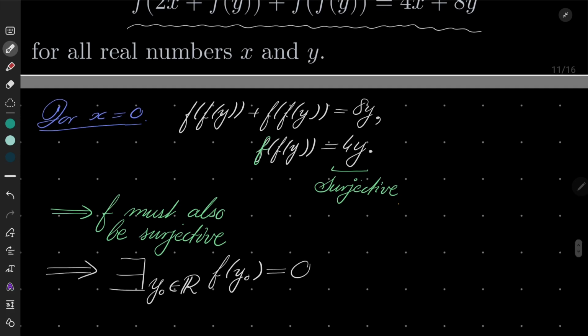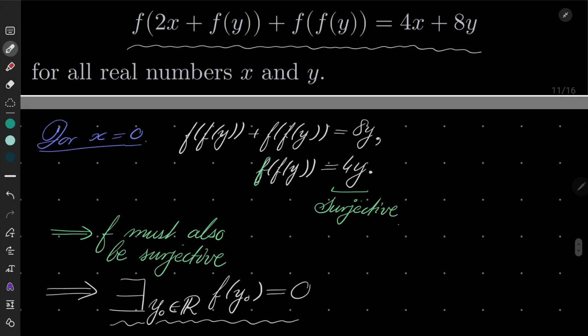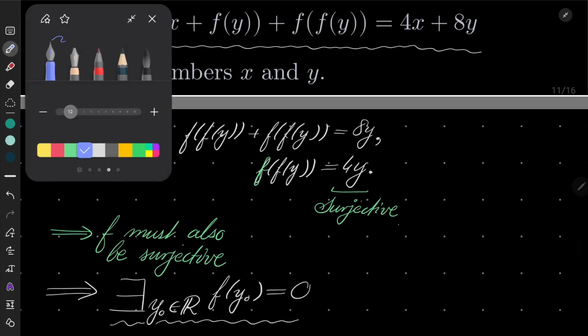Now let's use that fact. This is the crucial part. Let's set y equals y sub 0.